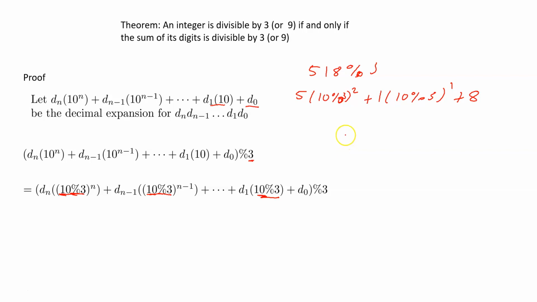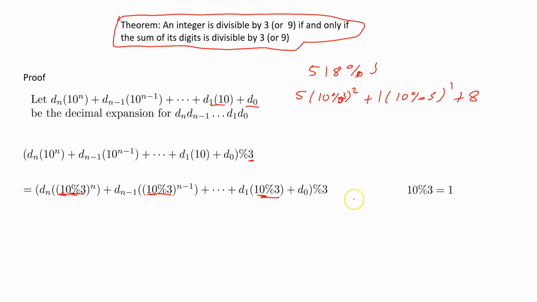And the key to why this is true, probably the most important thing that we learn about this, is that if I take the number 10 and I divide it by 3, I get a remainder of 1. Let's think about why that's true. We've got 3, another 3, another 3, and then a plus 1 to give us 10. So we've got 3 groupings of 3, and then 1 more, and that gives us 10.